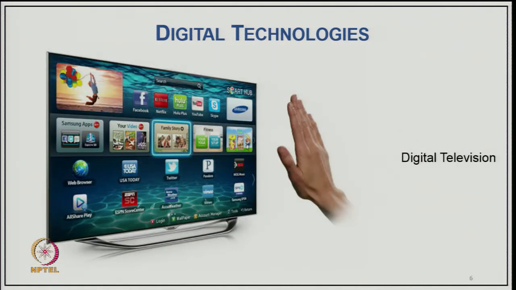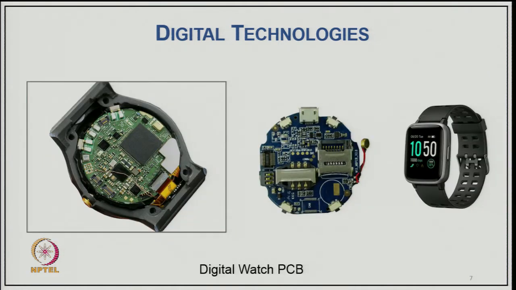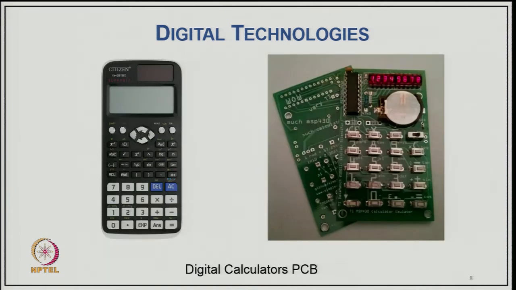Then digital television. Most things are now coming in digital form, like digital watches. You can see how a digital watch looks from inside as well as from outside. Then typically your digital calculator, and of course, the internal PCB of the digital calculator.